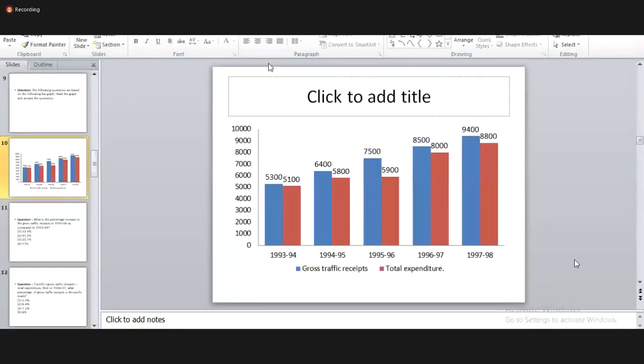Okay, guys, tell me 1993 to 1994. Value is what? 5,300. Okay. This value is compared with what? 95 and 96, what is the value? 7,500. Okay. Is it increased or decreased?